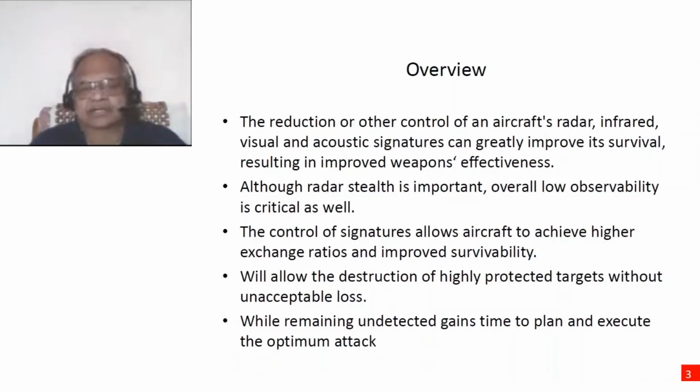So although radar stealth is important, overall observability is critical as well. The control of signatures allows aircraft to achieve higher exchange ratios and improve survivability. Exchange ratios meaning one-on-one or multiple n-on-one kinds of encounters. Then of course you can improve your survivability even in those circumstances.